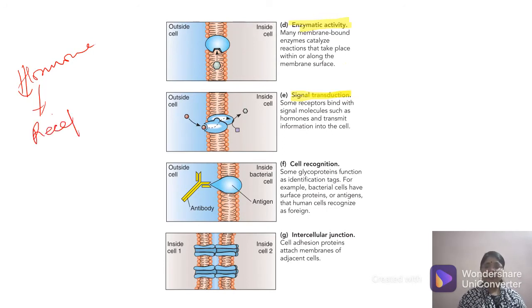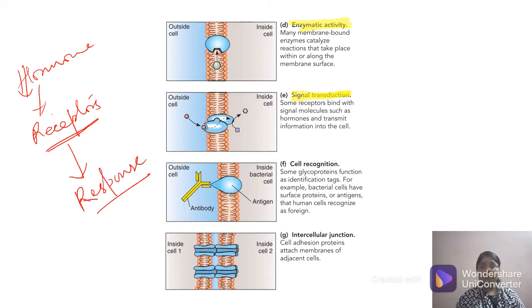These are called receptors, which receive the stimuli and transduce that information. There are various mechanisms by which this information is further carried on, and ultimately the cell produces the response according to the stimulus given. That is called signal transduction.